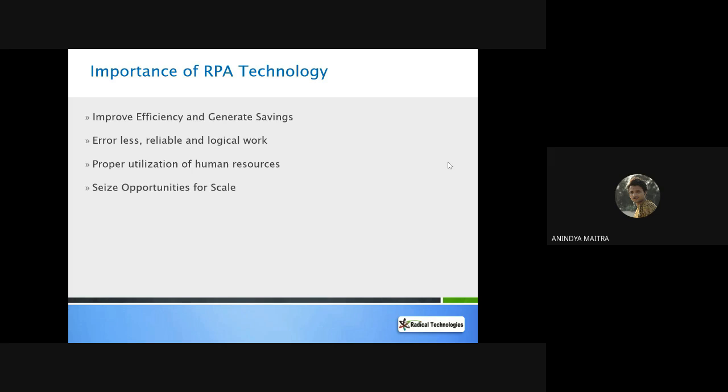Next advantage of RPA is 24/7 operational resources. That's true. From an organization's point of view, getting a resource who will work 24/7 is not possible.